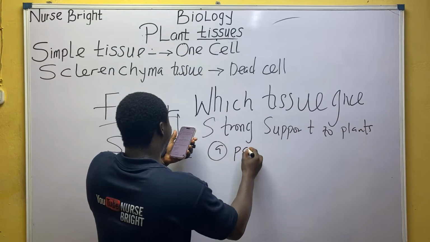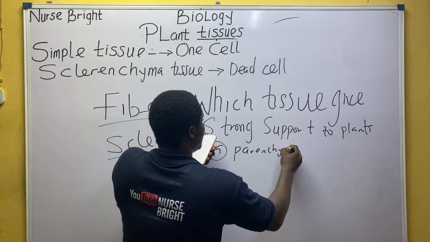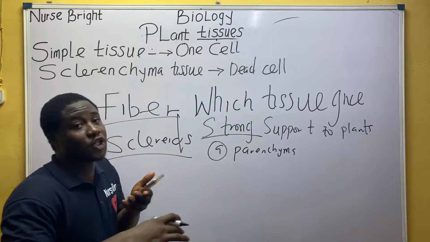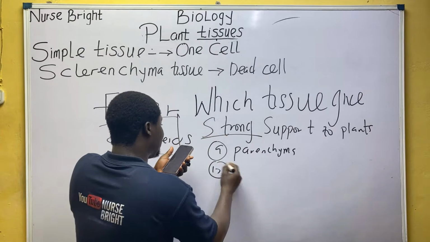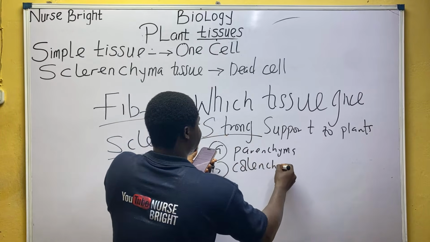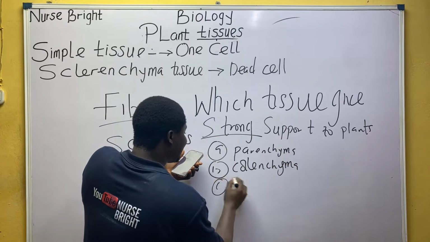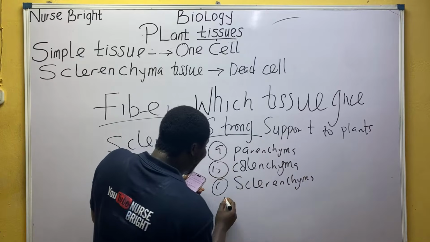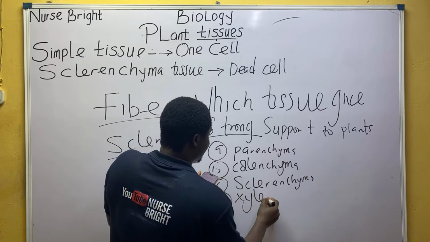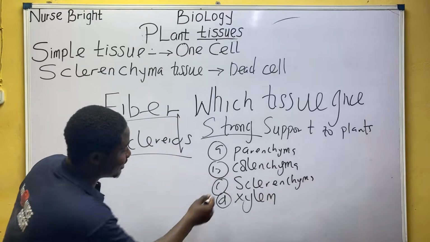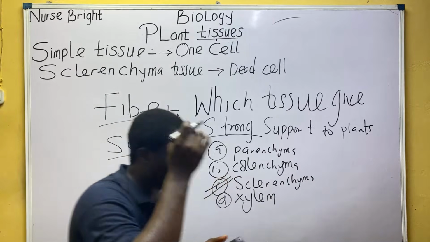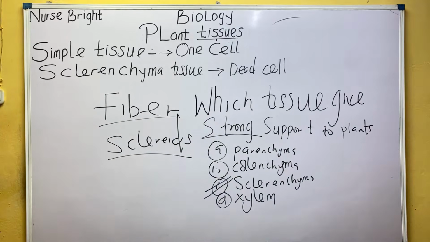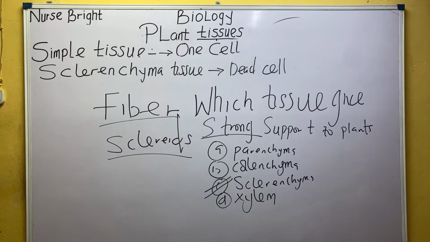A, is it Parenchyma? Look at the keyword strong, like the strongest support. Is it Collenchyma? Is it Sclerenchyma? Or is it Xylem? What is the answer, everybody? The answer is Sclerenchyma. I believe you guys are following me, right?